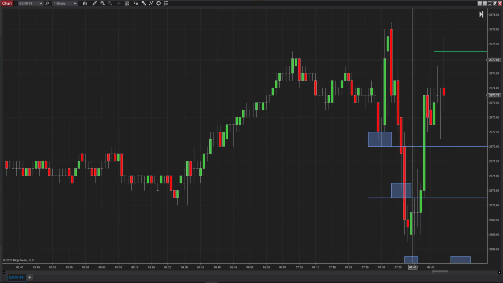Anytime there's a TSP, it means we're anticipating price to go more in that direction. Does it mean that it will? Of course not. If you're trading multiple contracts, you take out some of them at the TSP level, and then ideally, if the market's running, we take the rest out at a higher level.